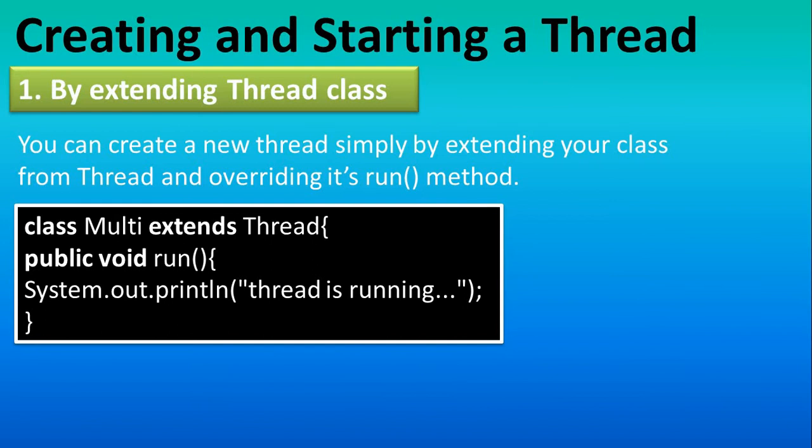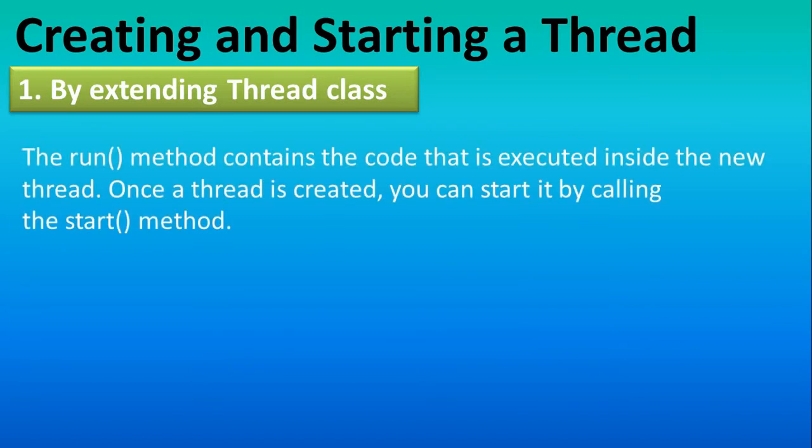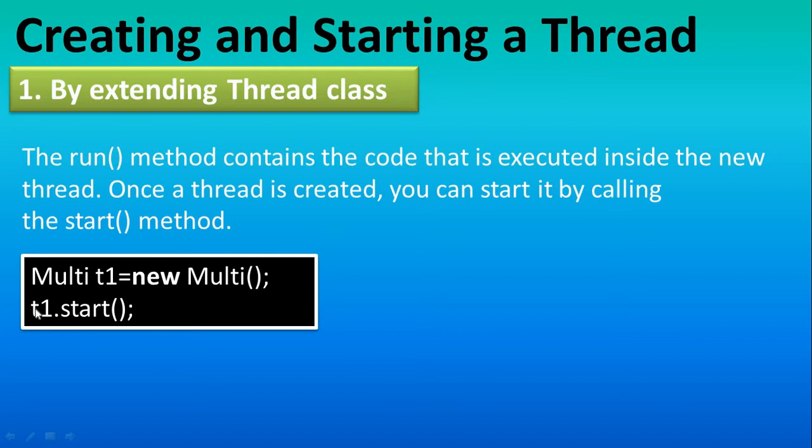Now we will see, after writing the run method, how you can execute this run method. For that you simply create the object of the class, because for executing a method, as you learned, we create an object and use object dot method name.